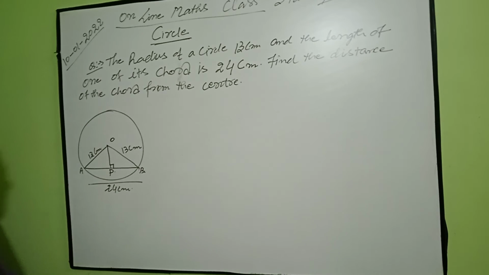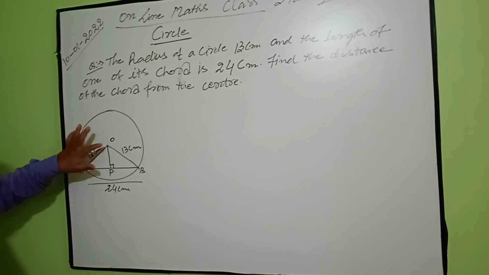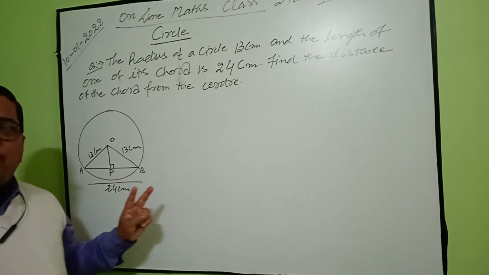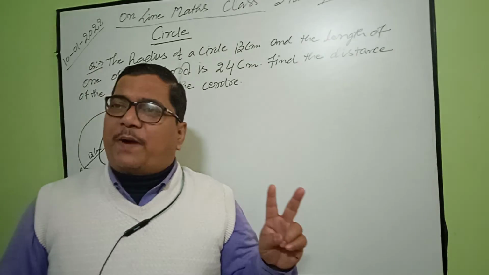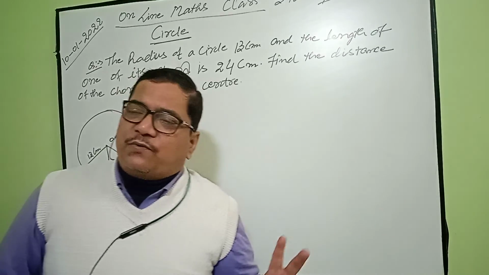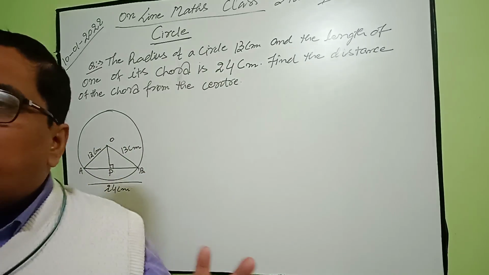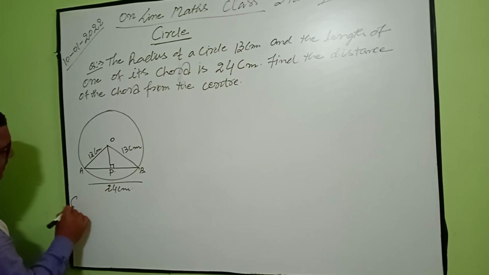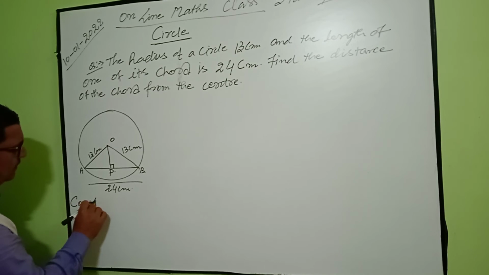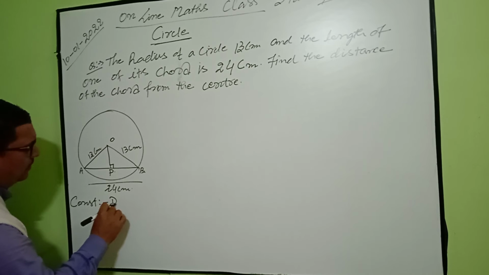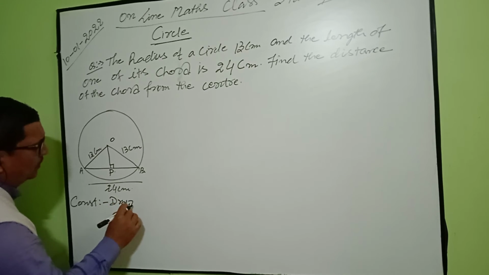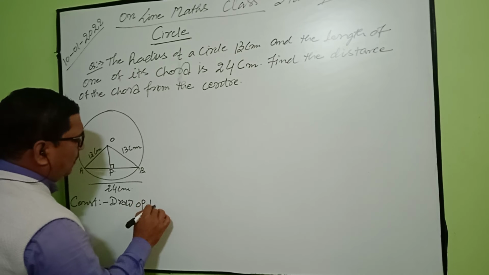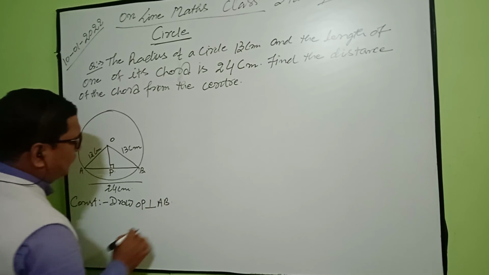We know that when we draw a perpendicular from the center to the chord, the chord is equally divided into two parts. Construction: draw OP perpendicular on AB.